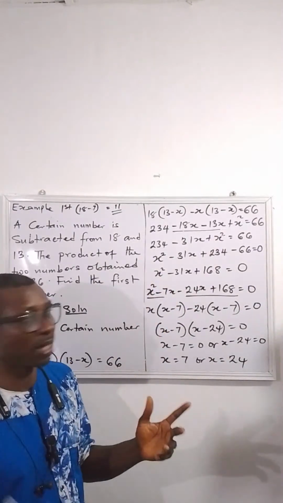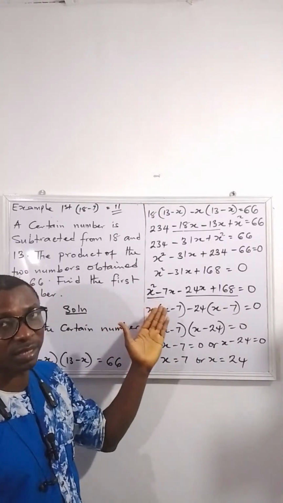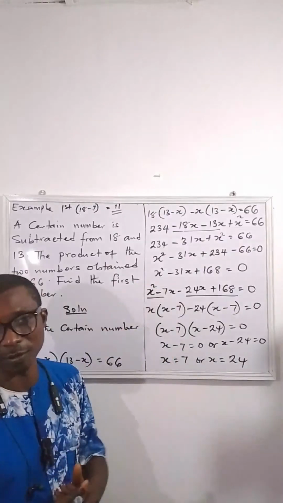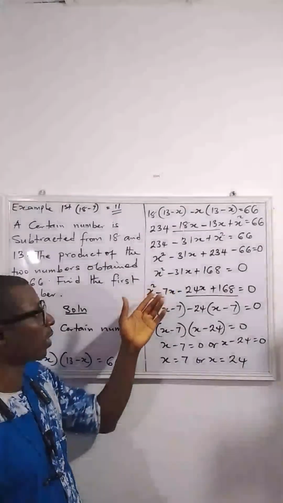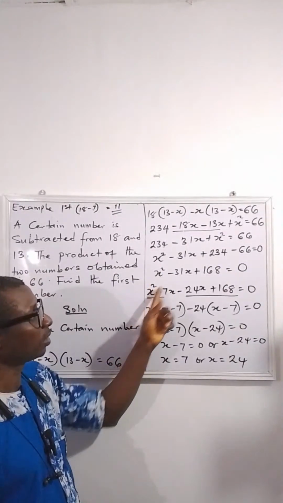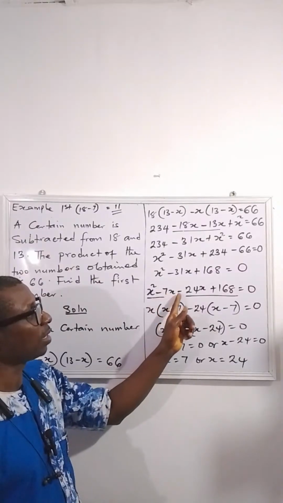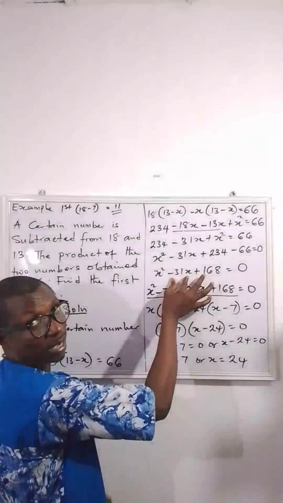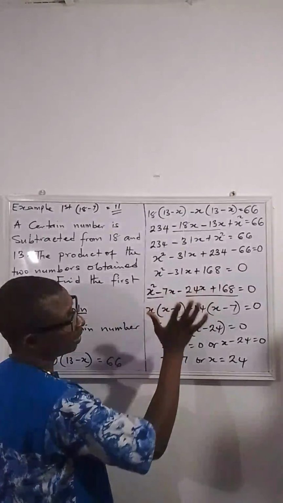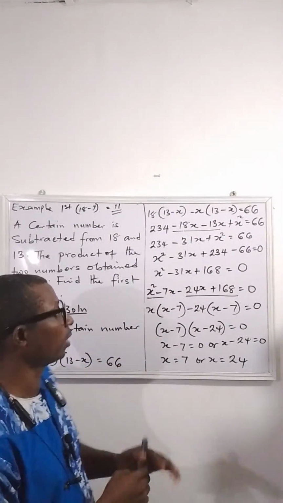So the two numbers that we have are minus 7 and minus 24. So we have to plug in the values here. So we have x squared, this x squared is this. So we have minus 7x minus 24x. You see, when you join this together, you have minus 31. So you are not creating any new thing.